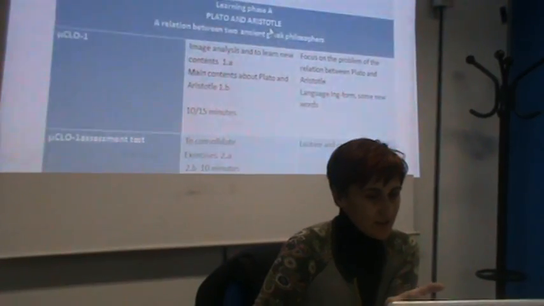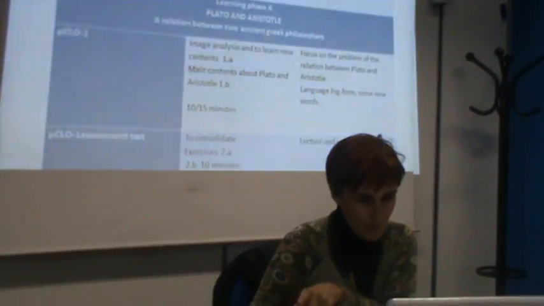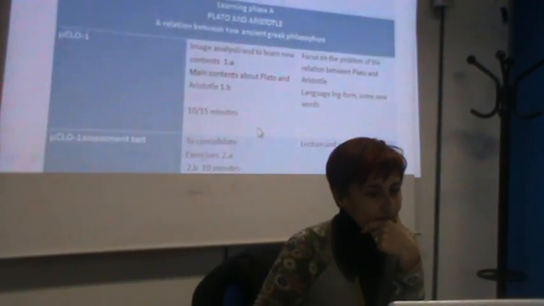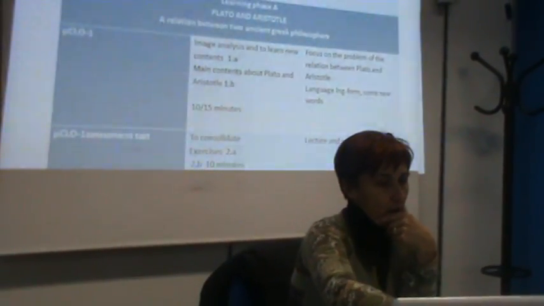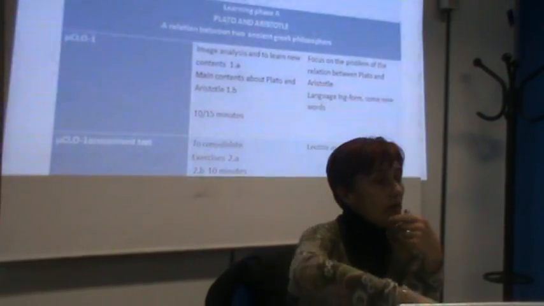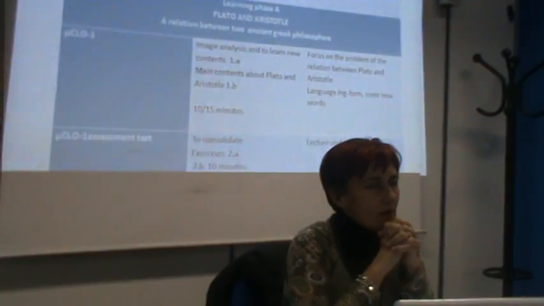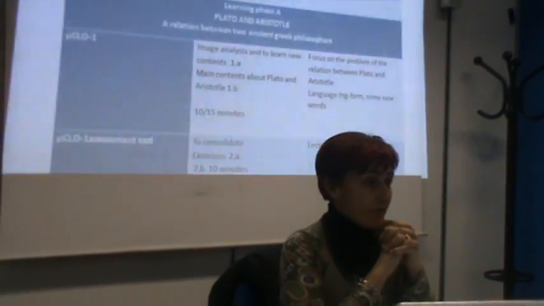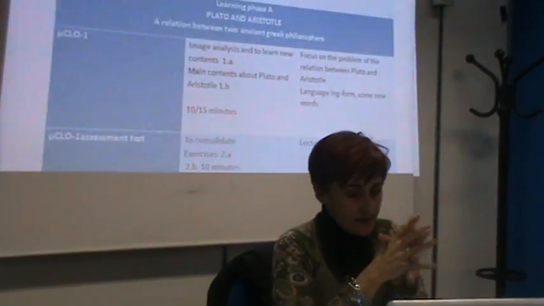Plato and Aristotle were a teacher and his disciple. In this column we have the exercise with the minutes I need for my activity. I need two hours and a half, more or less.